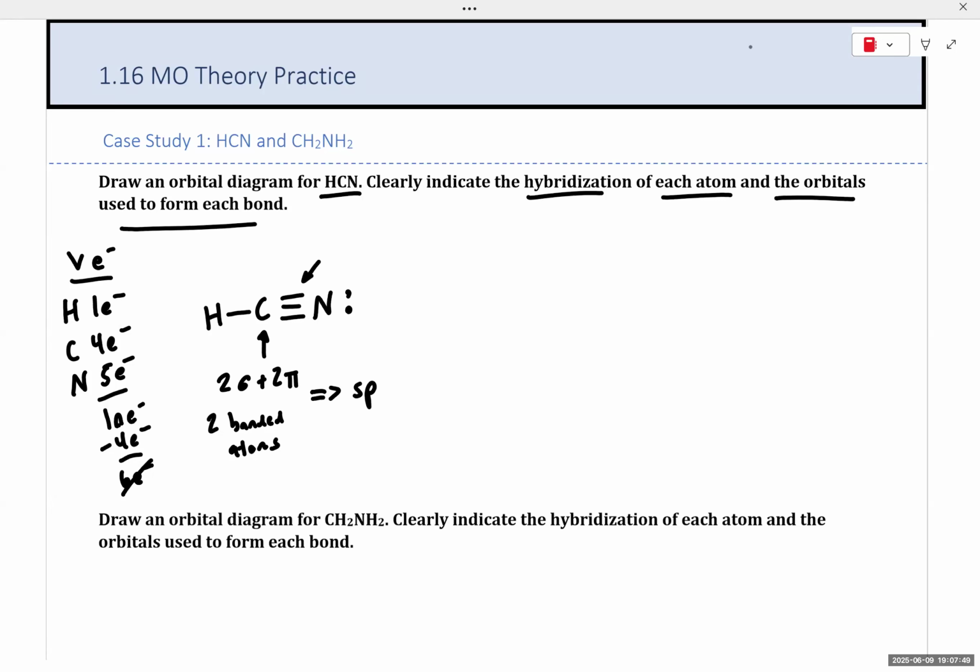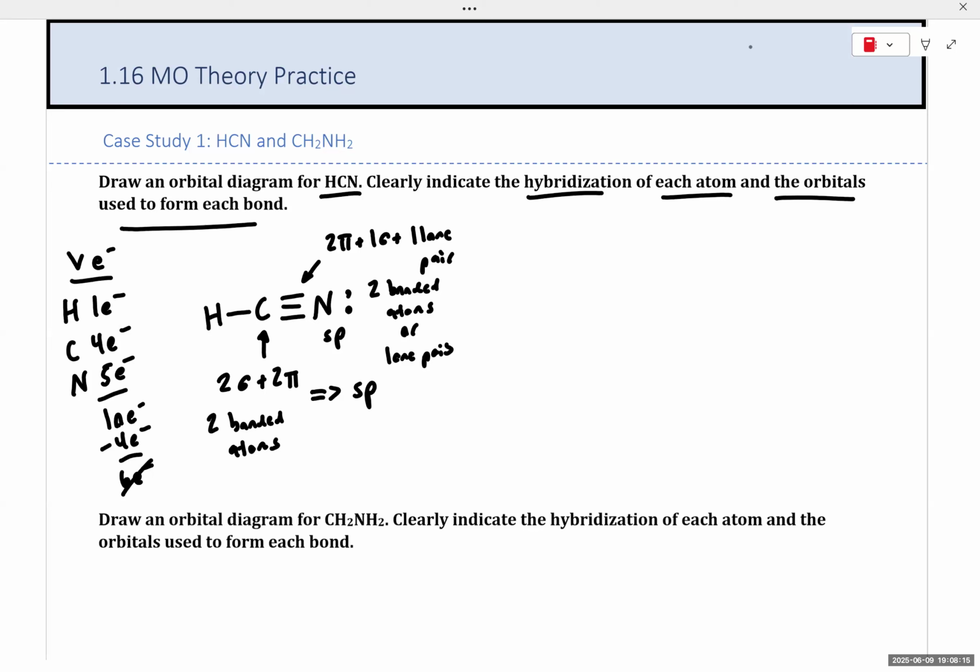Likewise, this nitrogen has 2 pi bonds, 1 sigma bond, and 1 lone pair. This tells us, because this nitrogen has 2 bonded atoms or lone pairs, that this nitrogen is also sp hybridized.